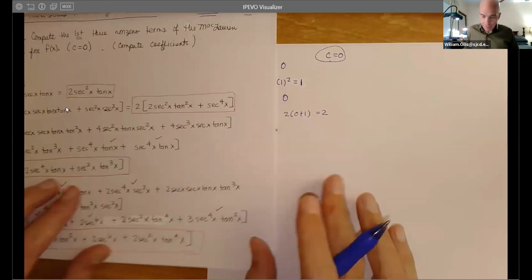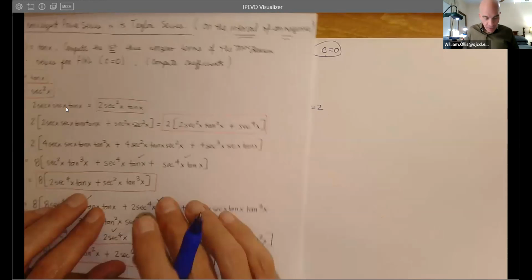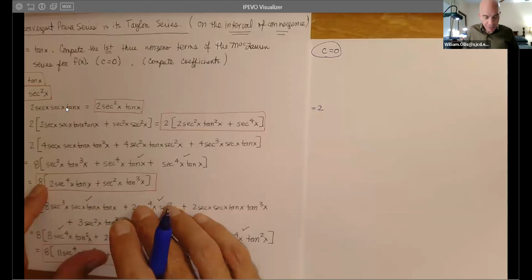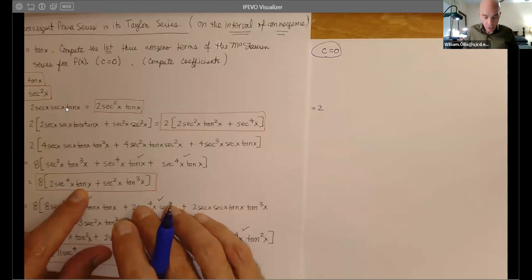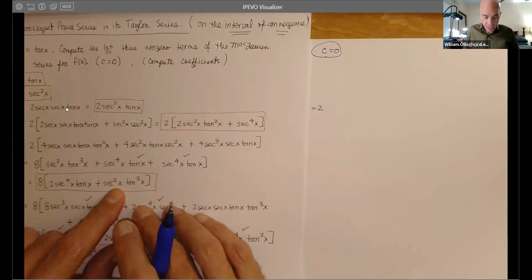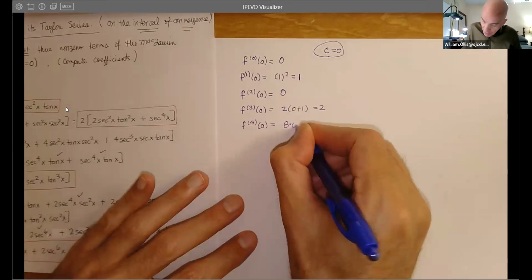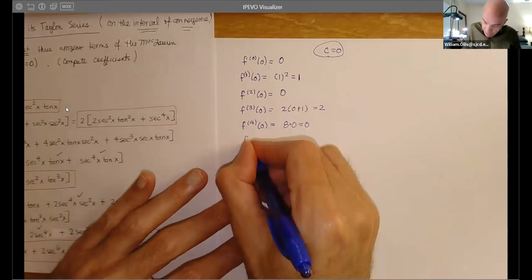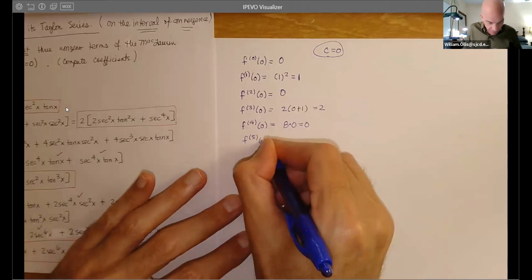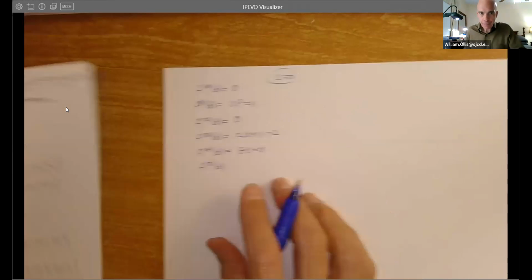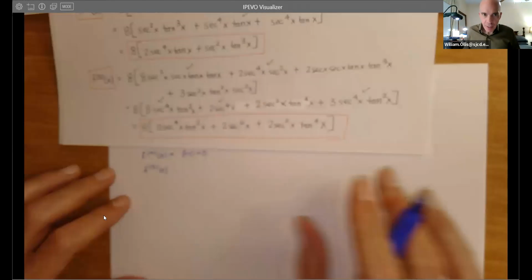We have this right here, this one. So notice we have 8, that'll be 0 because tangent of 0 is 0, and this is 0 too because tangent of 0 is 0. So that's 8 times 0, which is 0. Not a surprise. And now the fifth, let me refocus.